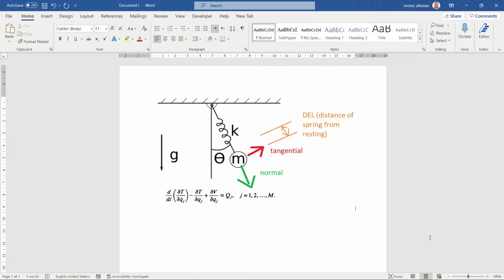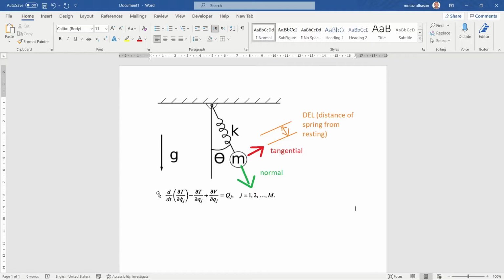There's a lot of videos showing how to solve these equations by hand, but I'm going to show how to do it using the symbolic toolkit of Matlab. But just to give you an idea, here is the Lagrangian equation of motion. You'll notice that it uses energy instead of forces, which is what Newtonian mechanics is based on.